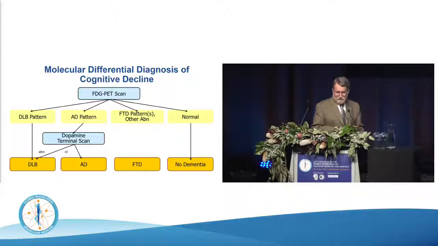If alternatively there's a focal pattern or an unusual pattern in the FDG that looks like a frontotemporal lobar degeneration or some other off-target pattern, in this case, doing an amyloid scan will help us to resolve whether that's an atypical presentation of Alzheimer's disease versus a frontotemporal lobar dementia or another dementia that lacks amyloid deposition.